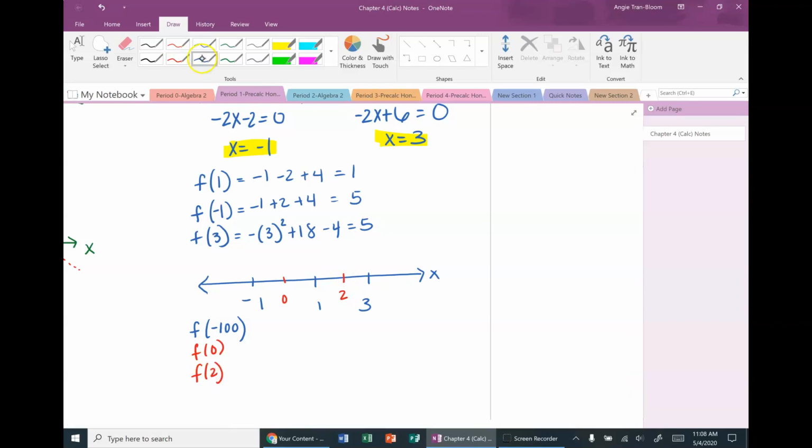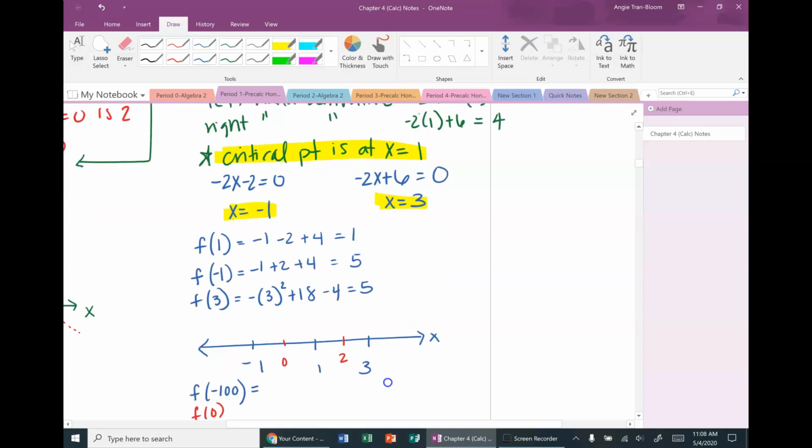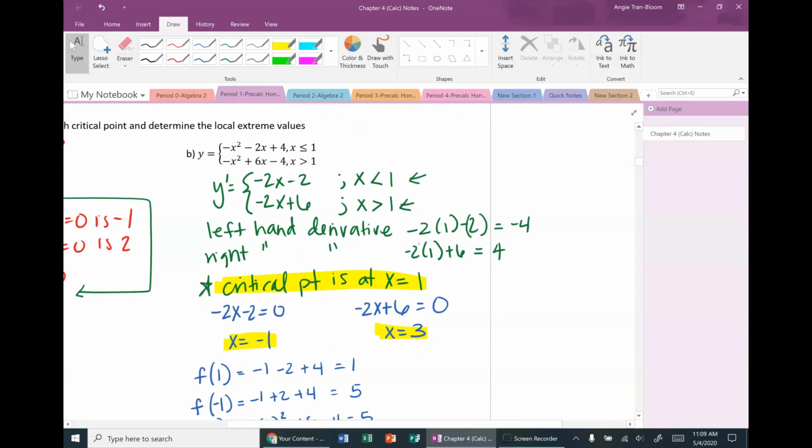Those are optional because I'm curious to see what's going on there, okay? And then this is 100. Okay. So let's see out of the 2 pieces which one we're going to use for negative 100. So this is what I'm going to be using for negative 100. And the bottom one is what I'm going to be using for positive 100, okay?